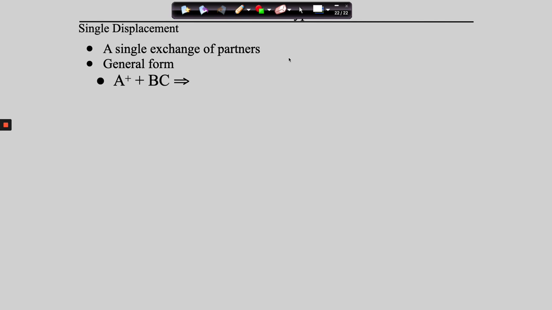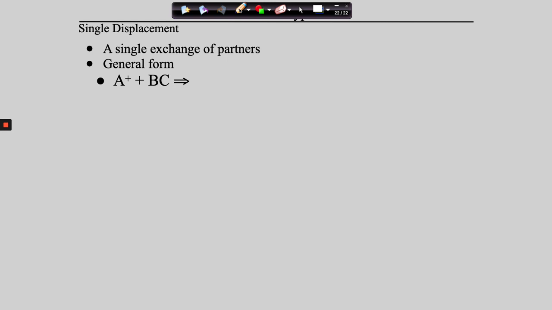B bonded to C. So guys, the first question is this. Does it say A positive in your notes? Yeah. BC is the salt. Is A a metal or a non-metal? How do you know it's a metal? Its charge is positive. So guys, A is a metal because it's positively charged.